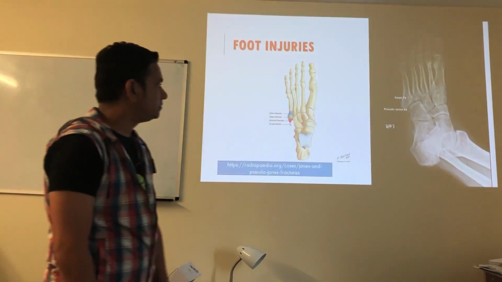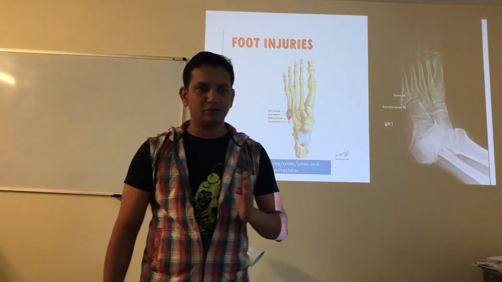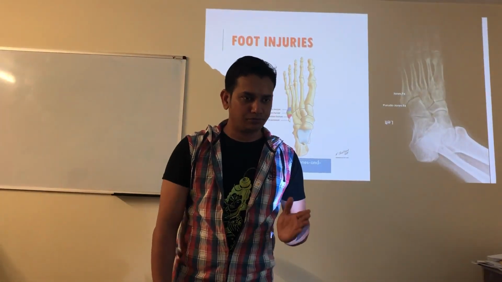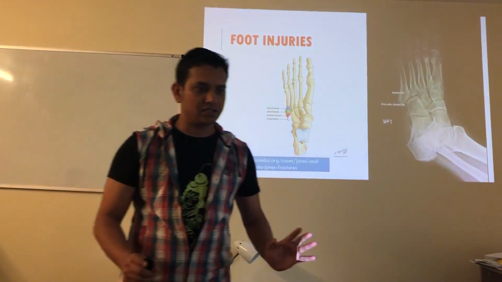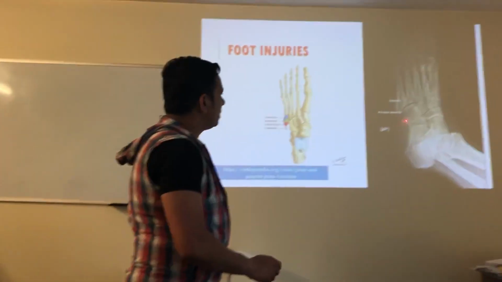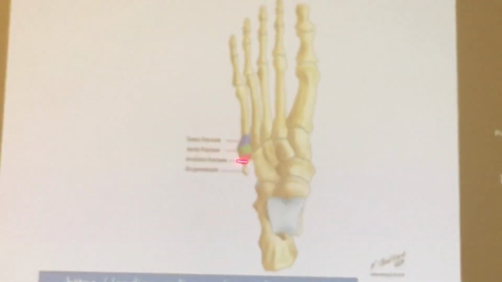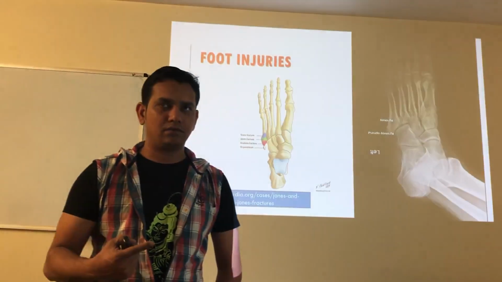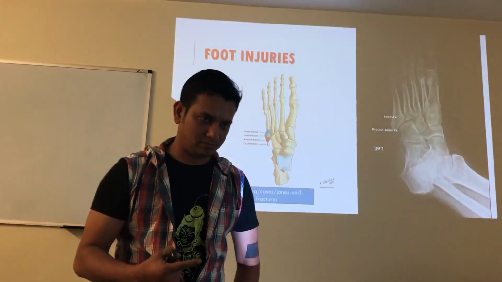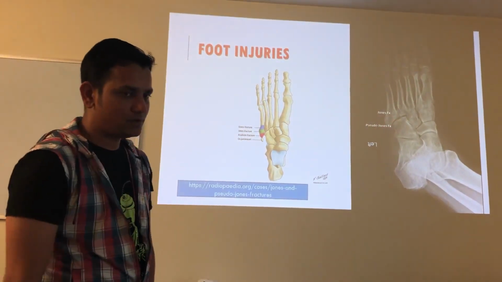Foot injuries. Ottawa foot rule, Ottawa knee rule, Ottawa ankle rule, you guys should know. I'm not going to discuss that at all. This one is critical because the tendon of peroneus brevis goes and attaches over here.